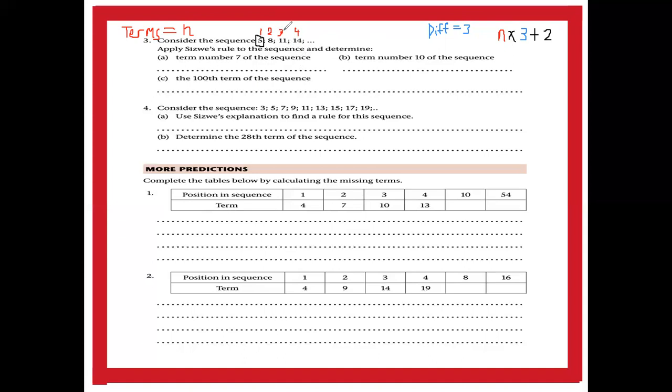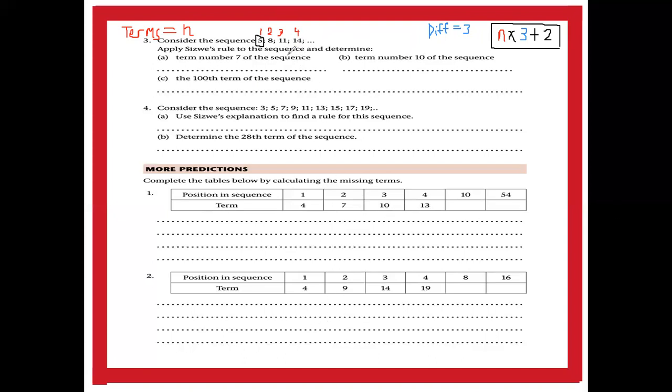It works for the third term. For the fourth term, 4 times 3 gives us 12, plus 2 gives us 14. So it works for the fourth term as well. So now we have a very useful expression to work out the value of any term in the sequence.